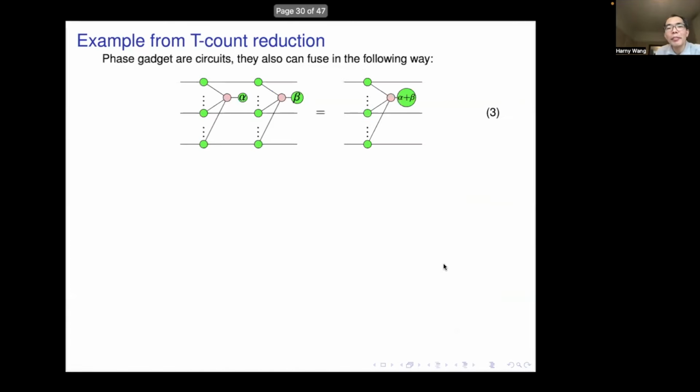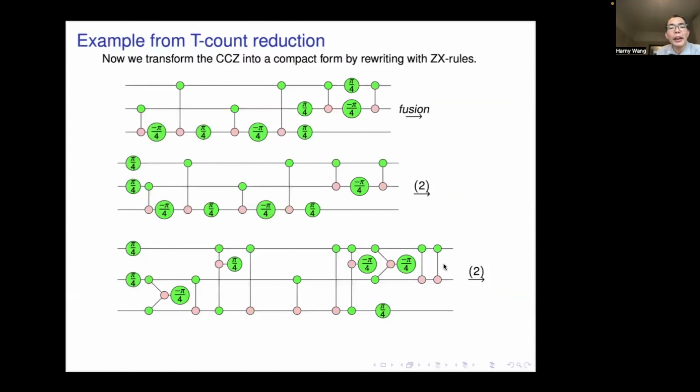And then if we do that, we will get this: gadget, C naught, gadget, C naught, C naught, C naught, gadget, C naught, and this one I didn't do anything. And then we have two C naught here because of the previous process.